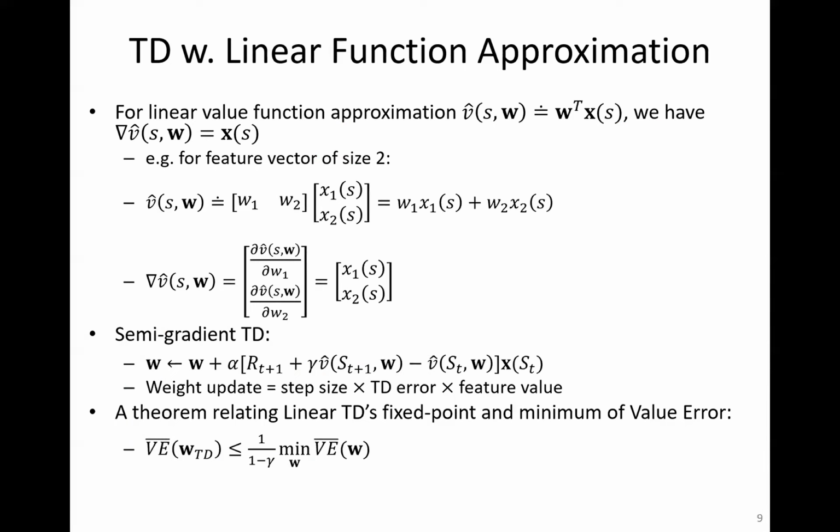So that's the same state with two features, and taking a derivative, taking a gradient on W gives you this. It simply returns the vector x.